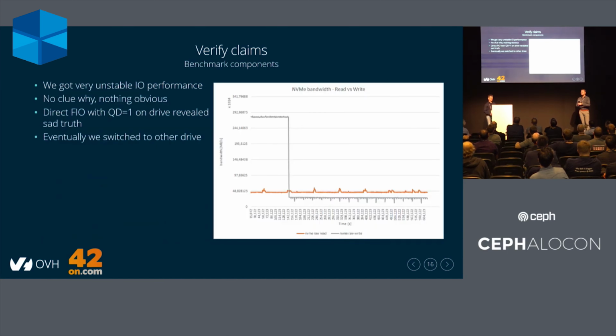Speaking of slower drives, we had a case of an NVMe drive that had very weird performance characteristics, and we couldn't tell why it was happening. Instead of sticking to the drive, we tested the drive directly with fio, with a queue depth of 1, and we realized that there is some technology behind it to improve temporary write performance.